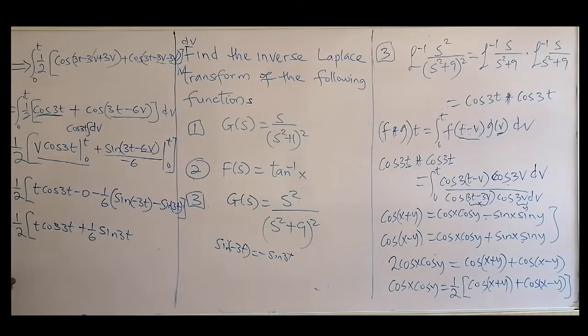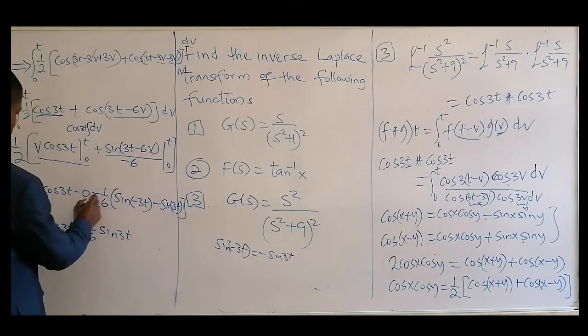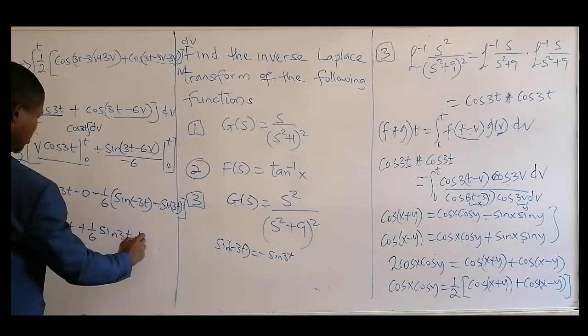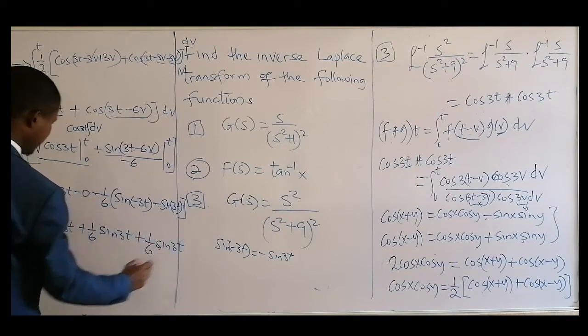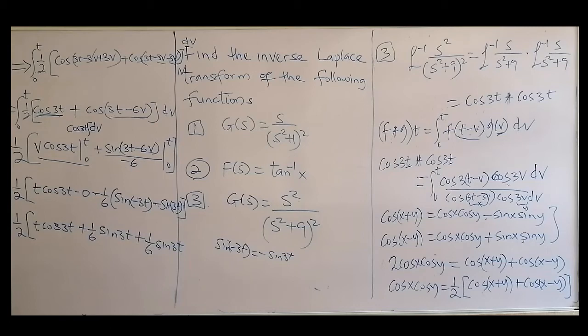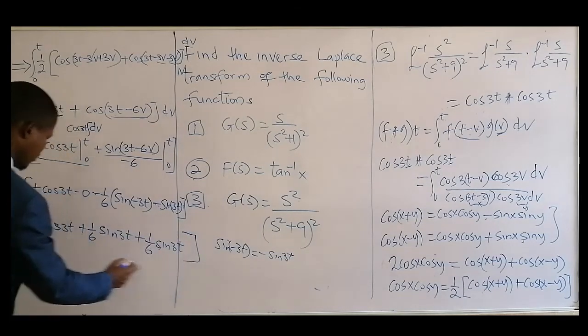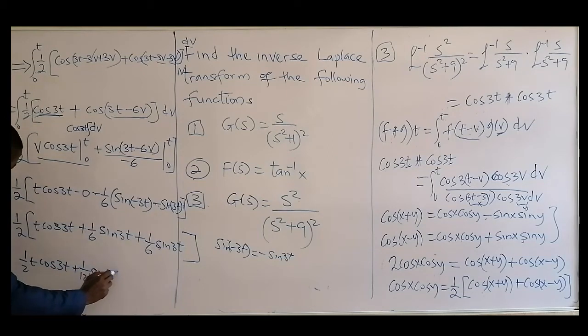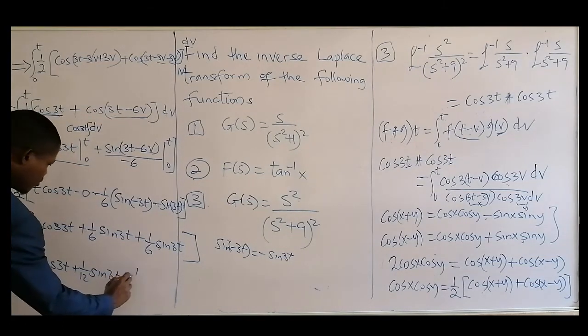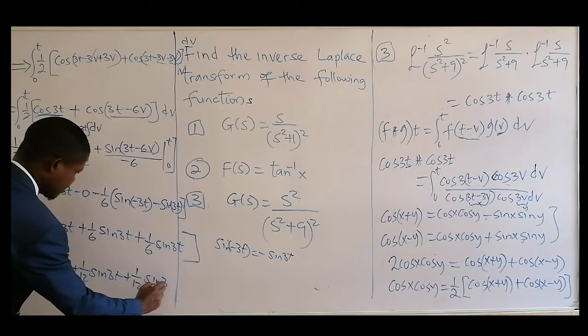For the other one, minus times minus is plus 1 over 6 sine 3t. You can let the half come in, and that will be one half t cos 3t, then plus 1 over 12 sine 3t, plus 1 over 12 sine 3t.